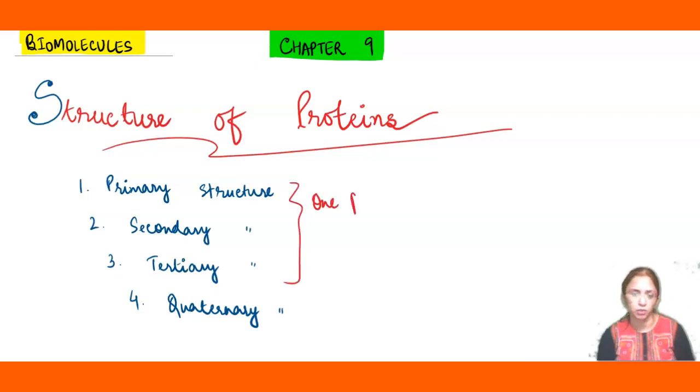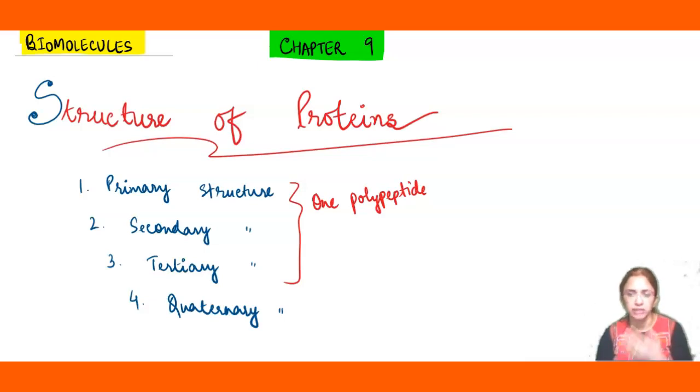This is one important thing, okay? Polypeptide means a polymer which would be having many amino acids. That polypeptide can exhibit primary structure, secondary structure or tertiary structure, fine?